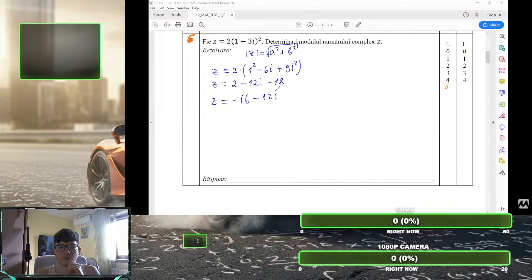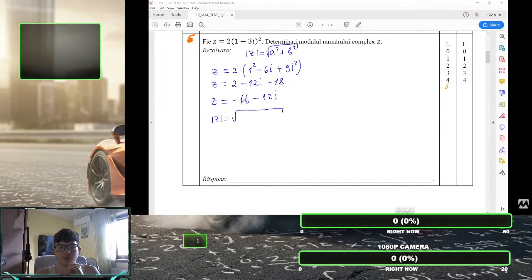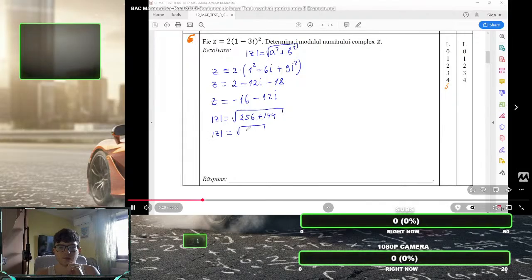And so we have minus 16 minus 12i, and a is going to be minus 16, so pop that to the second power. It's going to be a positive number, and that is going to be 256, plus 144, and that's going to be 400, and the square root of that is 20.